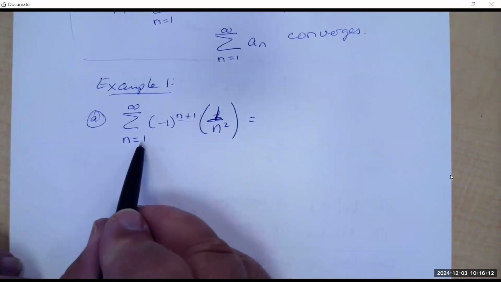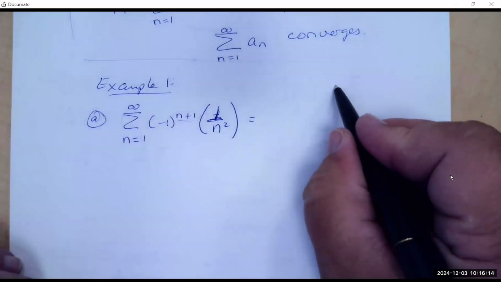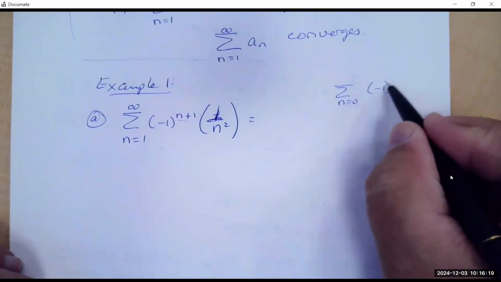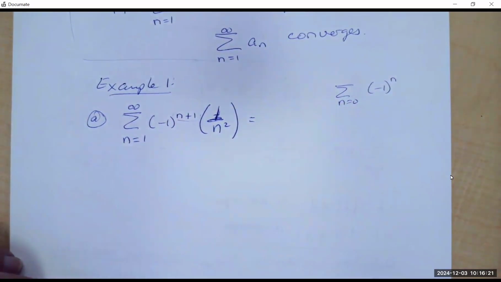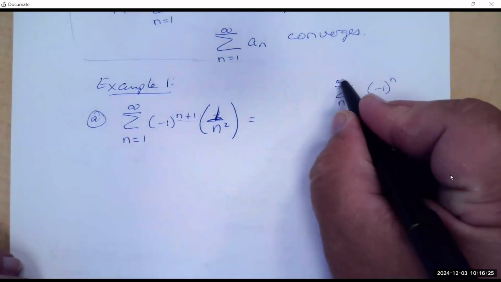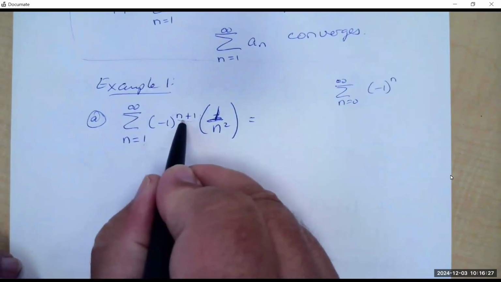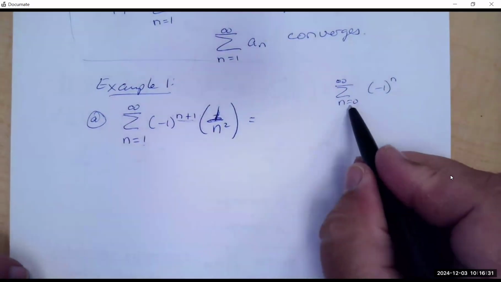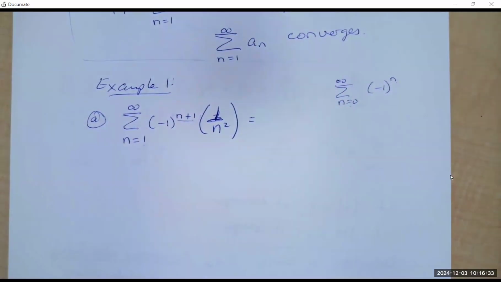If we go from 1, we have to go to n plus 1. If we start at 0, then we would go to n. And it still goes to infinity. But if we start at 1, we have to go one more than the n value. If we start at 0, then we go to the n value.